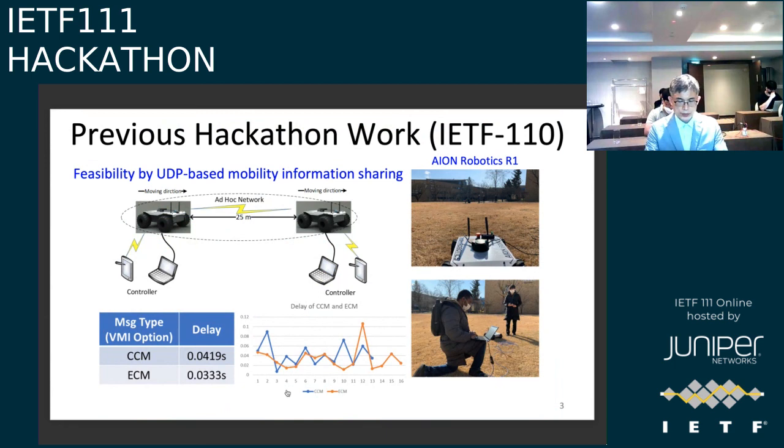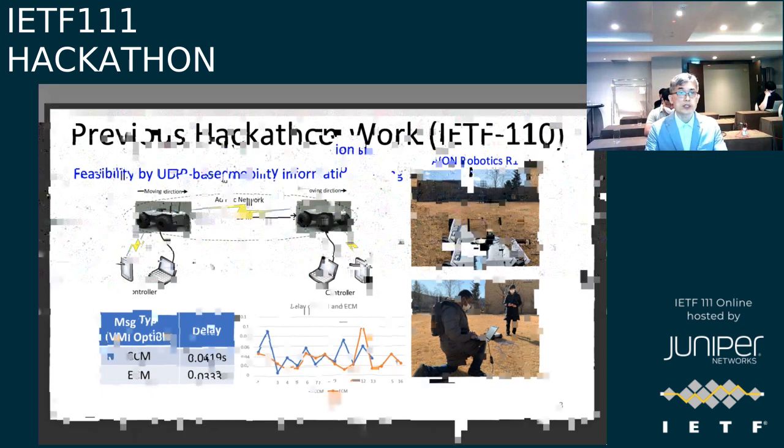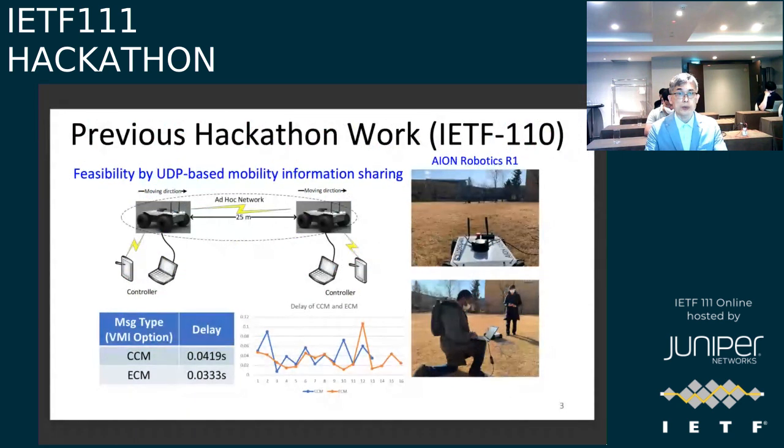In the last hackathon project, IETF 110, we demonstrated the feasibility of UDP-based mobility information sharing. As you can see, two robot vehicles, which means the AI on robotics R1 model, exchanged messages using UDP: the CCM and the ECM.